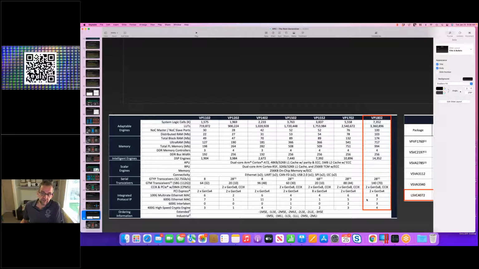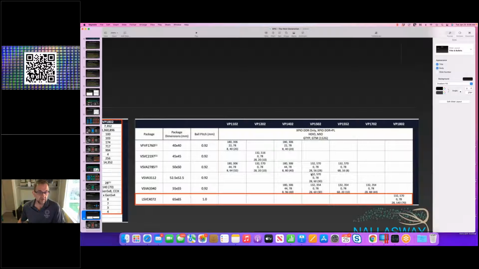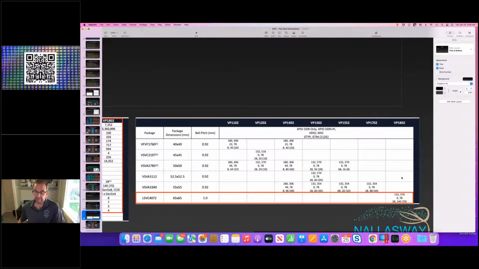Then on the other channels, you've got various things you can do with Ethernet, interlacking, etc., as well as soft IP for all the other different standards like CXL or OMI, etc. And just on the package front, basically this big device comes in one package, which is 65 millimeters by 65 millimeters in this particular footprint.